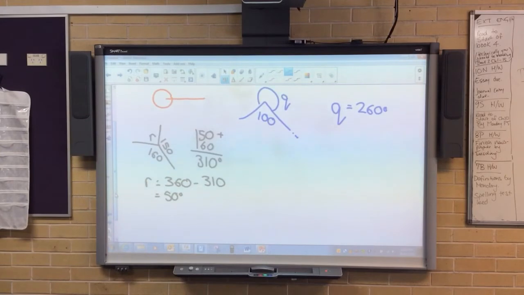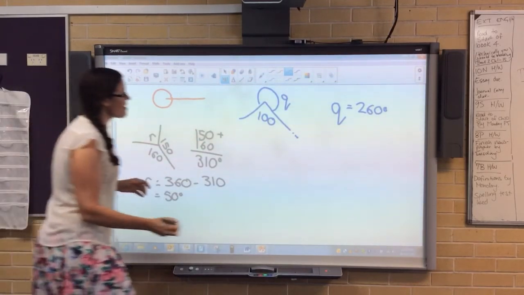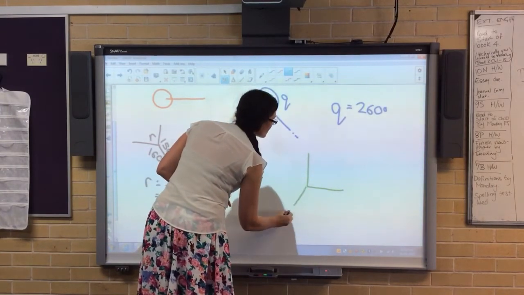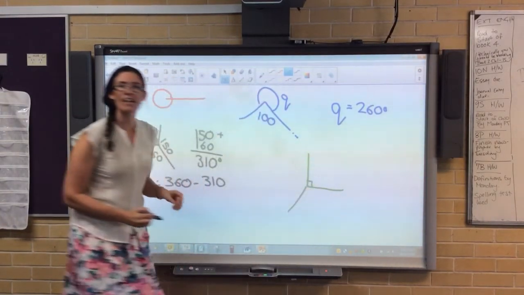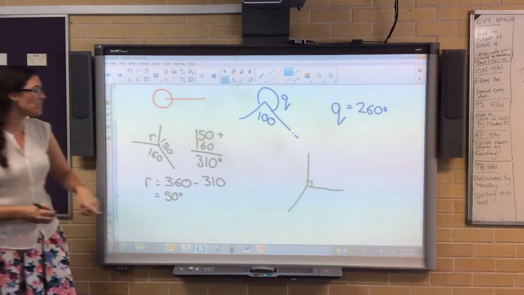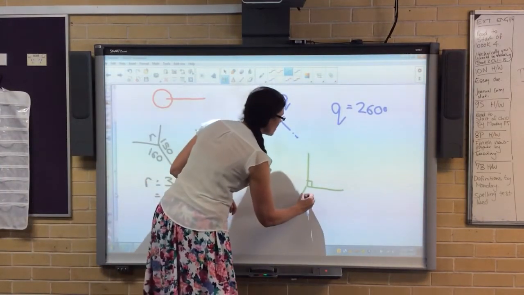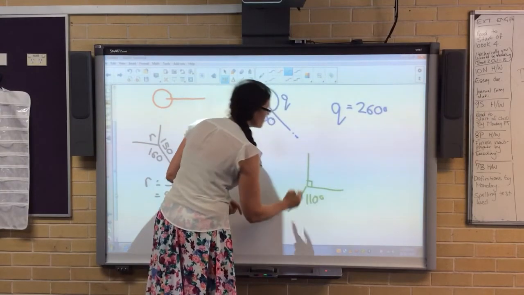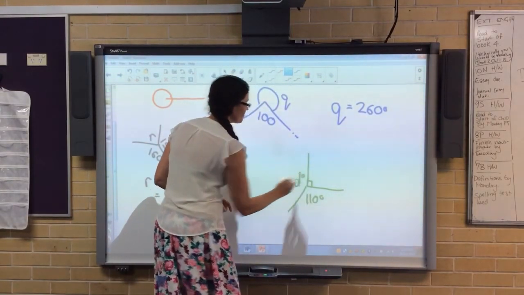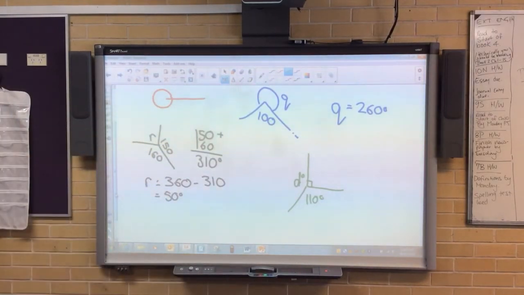Let's try one more. Let's say I have something like this. So I've got that little picture there. What does that little corner tell me? 90. That it's 90 degrees. I've got this one here, which is 110 degrees. And I'm looking for this missing one, which I'm going to call D. Okay? So what are the ones that I've got add up to?